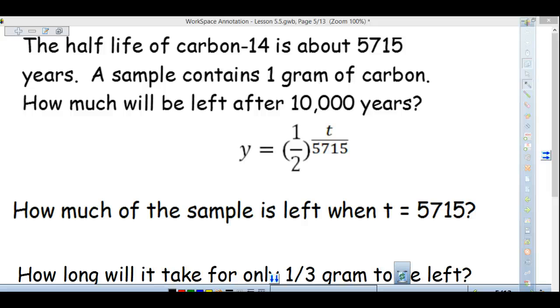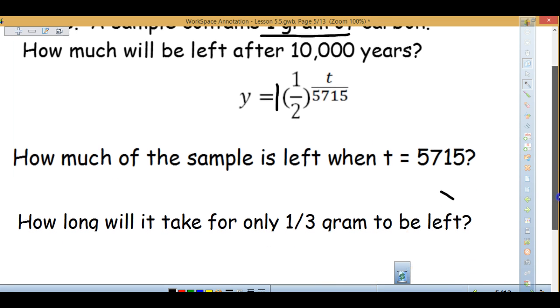All right, so if I'm doing half-life, the exponential equation that goes with that is y is equal to 1/2 to the t over 5,715. And there's a 1 here for this 1 gram of carbon, just so that you're aware of that's in the setup.